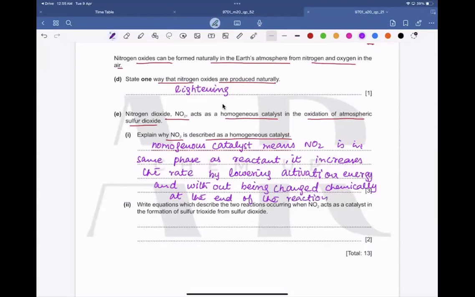Is this understandable to all of you? Or instead, you can also write that it is regenerated at the end of the reaction.